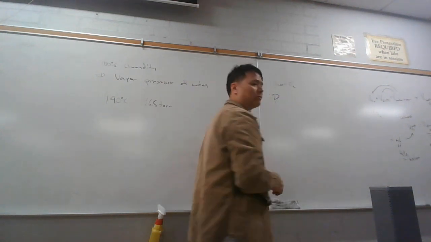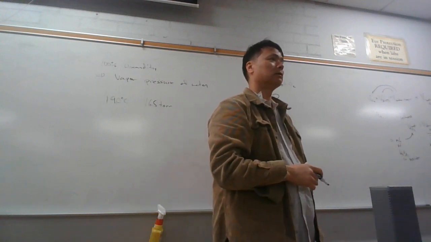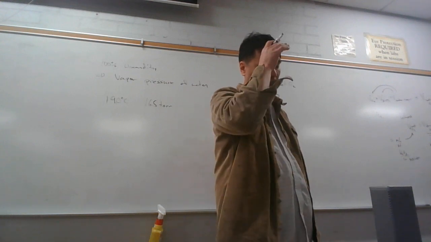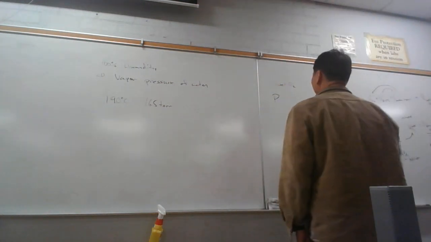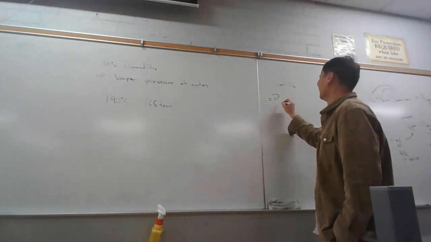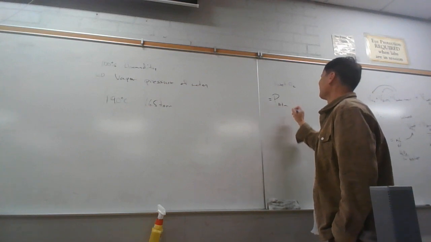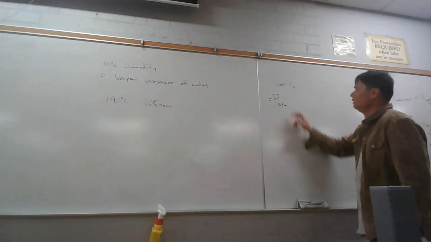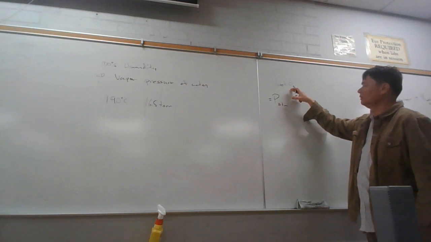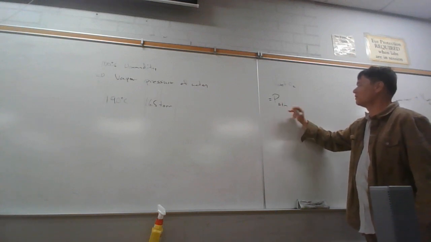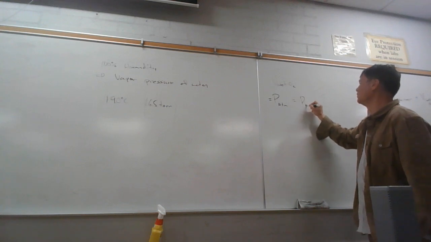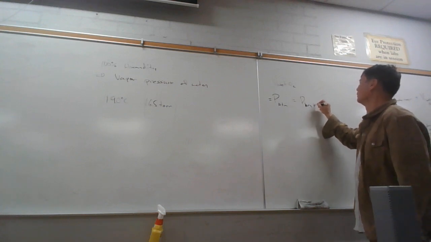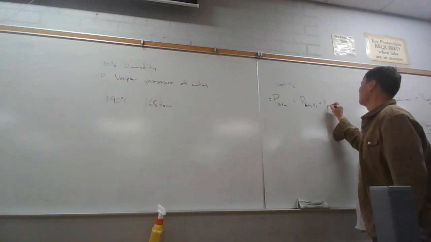The pressure of the wet O2 is going to be equal to the air pressure, or atmospheric pressure. The pressure of the atmosphere is going to equal the pressure of the dry O2 plus the pressure of the water vapor.